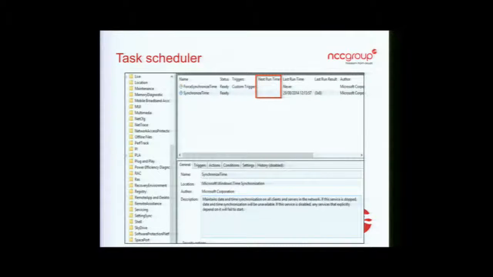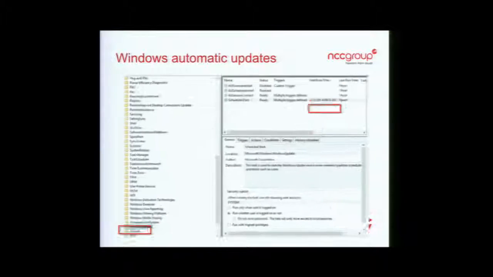In some tasks, depending on the configuration of the task, the next execution is calculated based on the last execution. So what do you think happens if the last execution was 10 years into the future? The following execution is 10 years and a bit more into the future. So it only happens with certain tasks, depending on the configuration of the task, but one of those tasks is the Windows automatic updates.